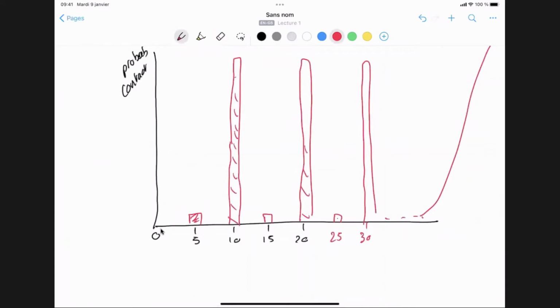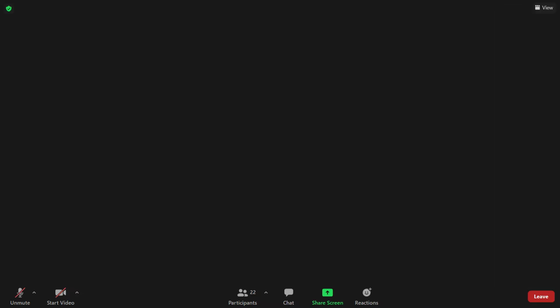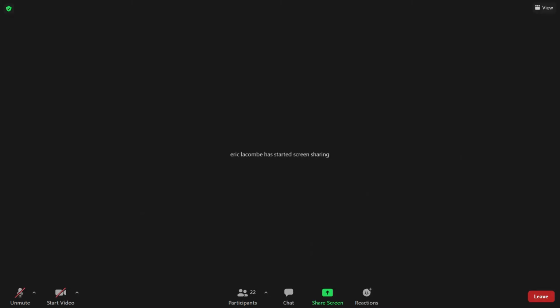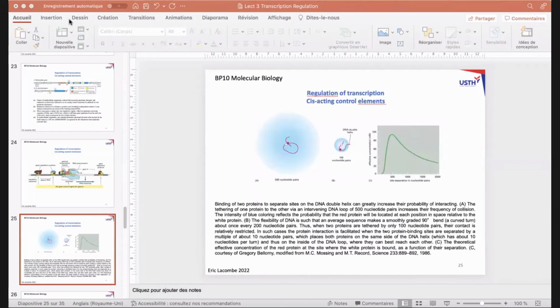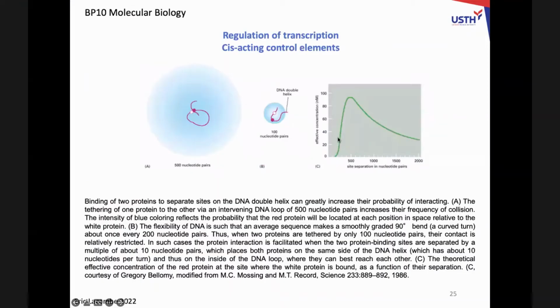So to come back to the graphic, maybe it will be more clear. The graphic was like that, and we are talking only about this graphic.